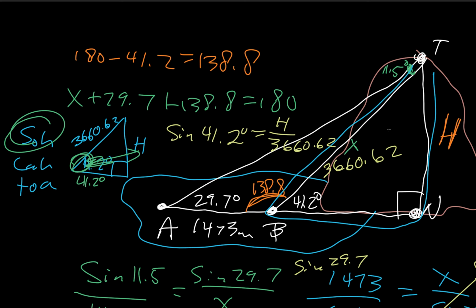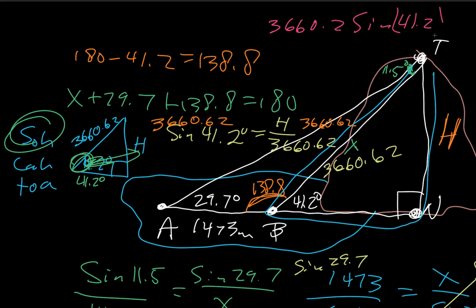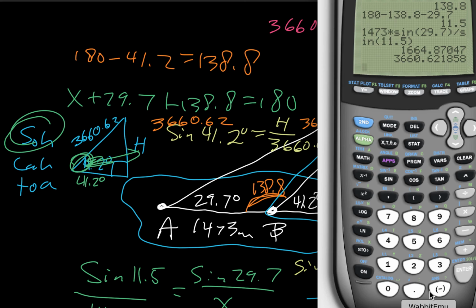So we want to solve for h. So we just multiply both sides by 3660.62. And then what we type into our calculator is going to be 3660.62 times sine 41.2.